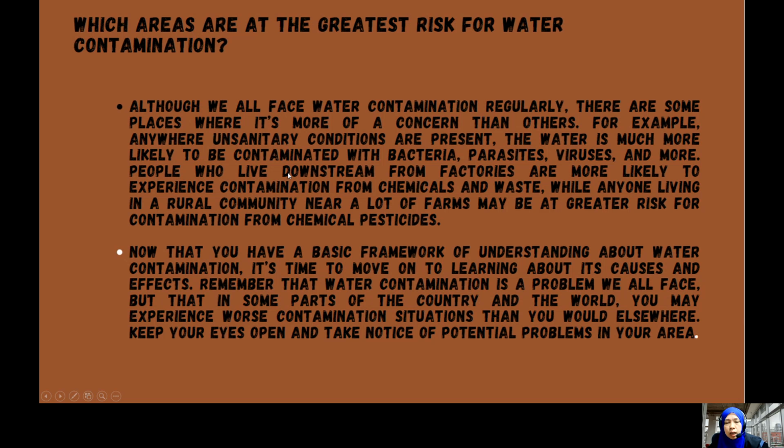People who live downstream from factories are more likely to experience contamination from chemicals and waste, while anyone living in a rural community near a lot of farms may be at greater risk for contamination from chemical pesticides.